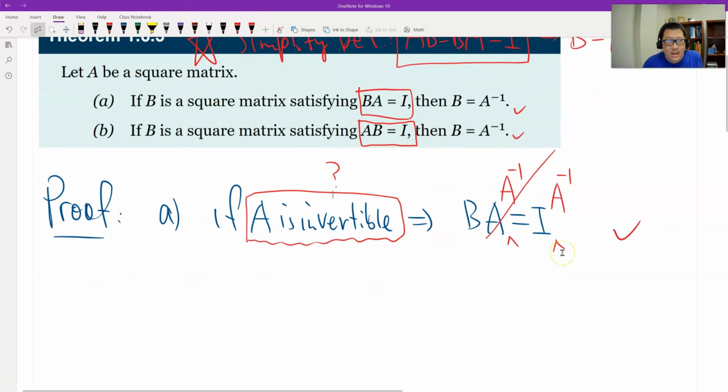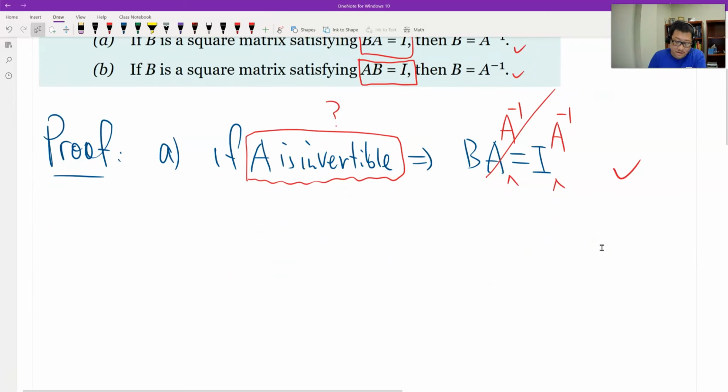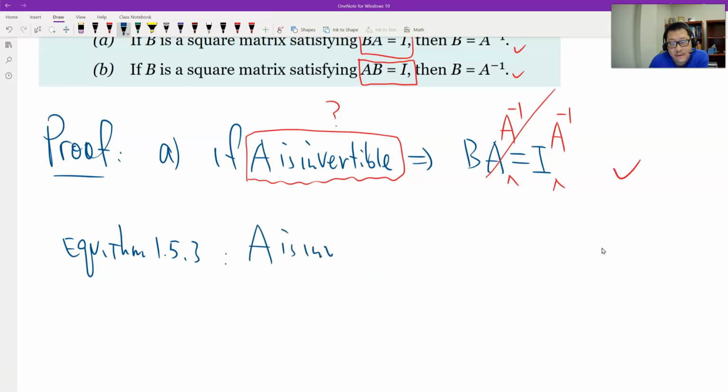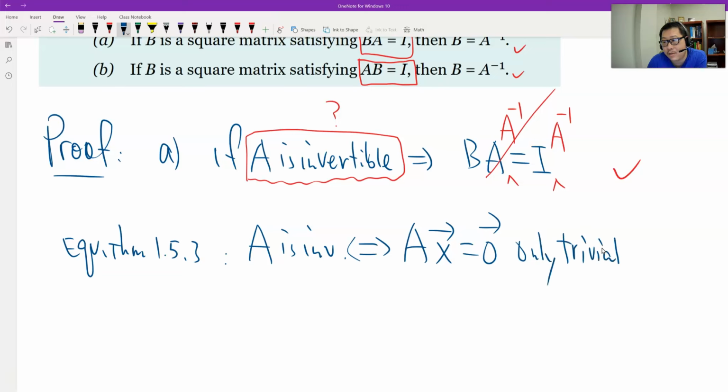This is the major part. Remember the equivalence theorem, 1.5.3. It says A is invertible if and only if A times X equals the zero matrix has only the trivial solution, which means the only solution is the zero solution, X equals zero. Is this true? Yes, it's easy.